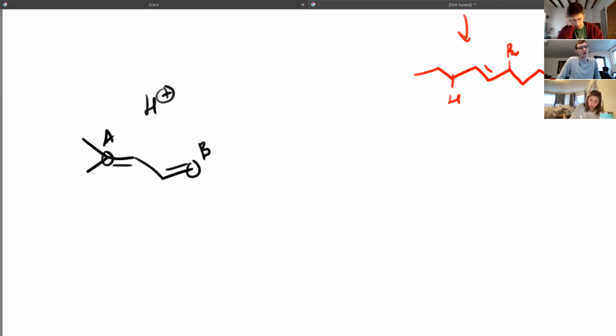So the question is, which of these 2 carbons, A or B, is more positive? Because the hydrogen doesn't want to go to the one that's more positive. It wants to go to the one that's more negative. Would A be more positive? I think so.